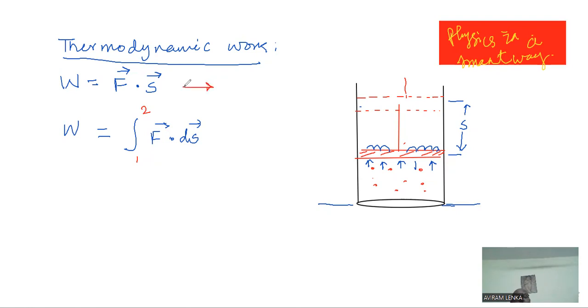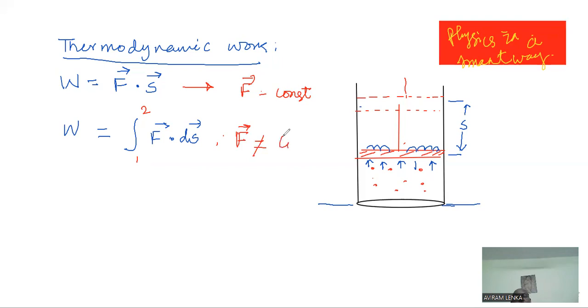This formula is very much useful if our force is a constant force. But for the second formula, we have no choice but to take its help if the force is variable, because for a variable force, for every small displacement, force will be changing. So you have to take the help of sophisticated mathematics.